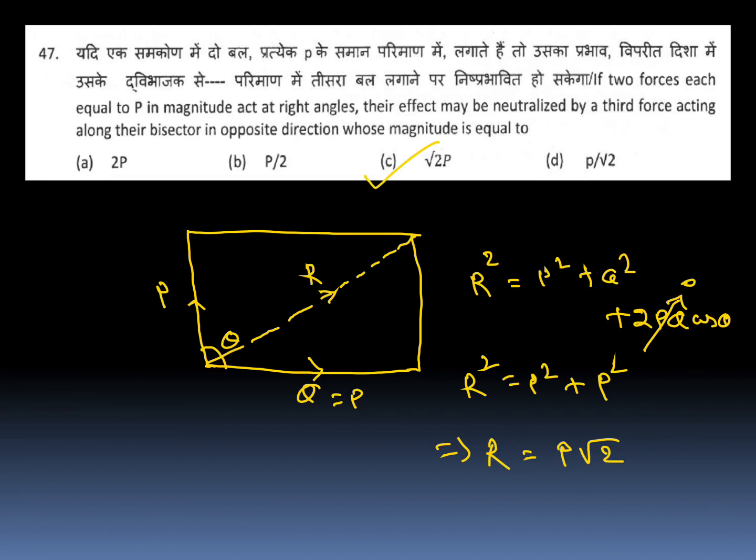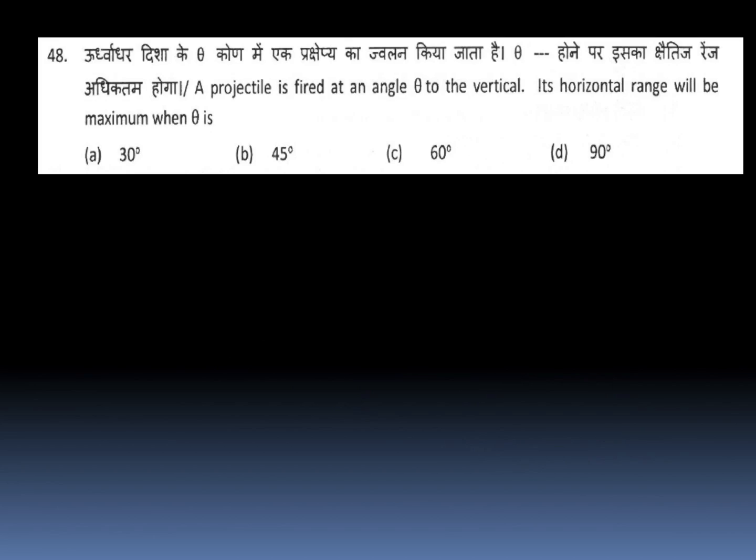A projectile is fired at an angle theta to the vertical. The horizontal range will be maximum when theta is 45 degrees. I will explain how 45 degrees comes. If we are projecting from here, it will come like this. This is the range of the projectile.